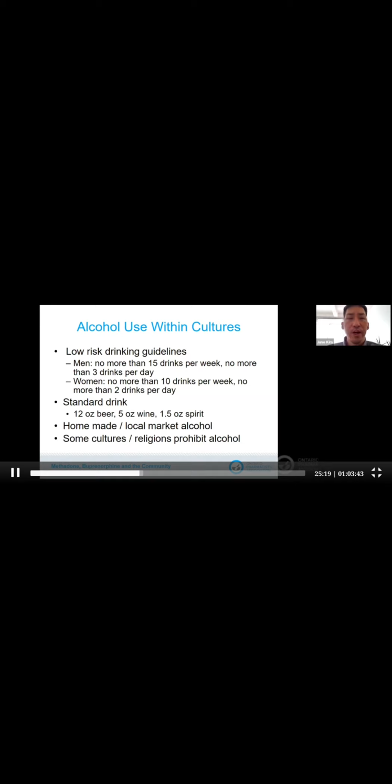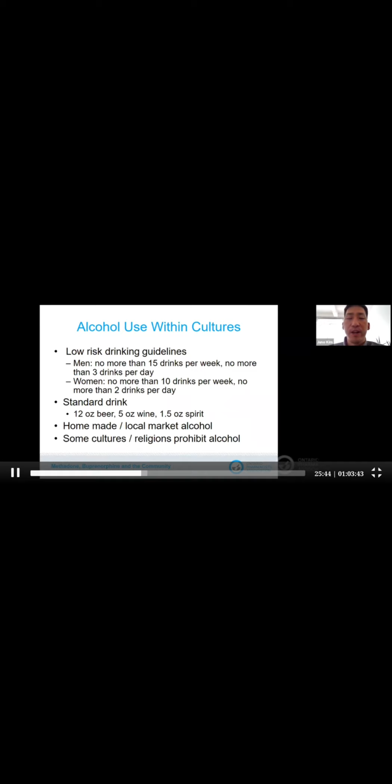And again, at CAMH, we have the low risk drinking guidelines. These guidelines are specific for men and women. When we're looking at men, these drinking guidelines include no more than 15 standard drinks per week, and in one sitting or one day, no more than three drinks per day.